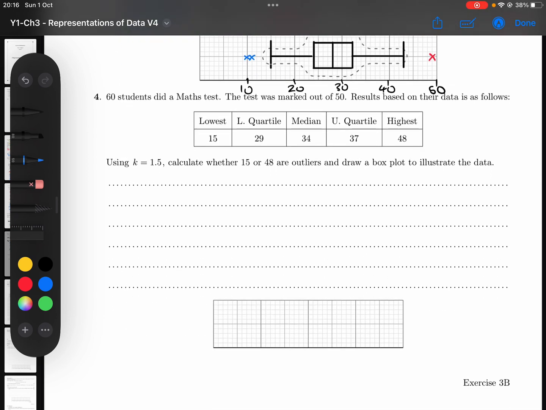So in question 4, 60 students did a maths test. The test was marked out of 50. Results based on their data is as follows. We've got a lowest value of 15, a lower quartile of 29, a median of 34, an upper quartile of 37, and a highest value of 48.